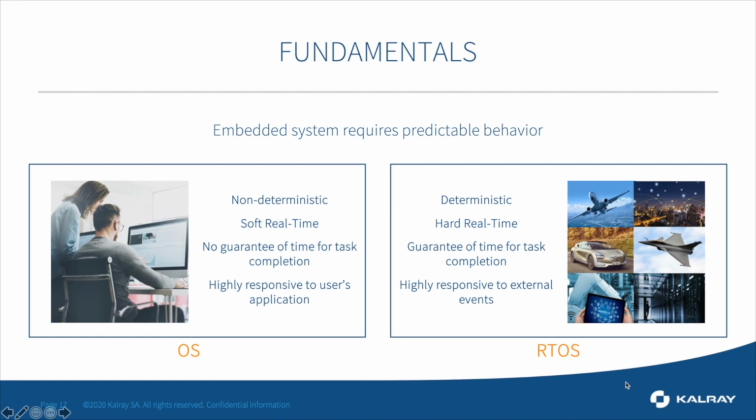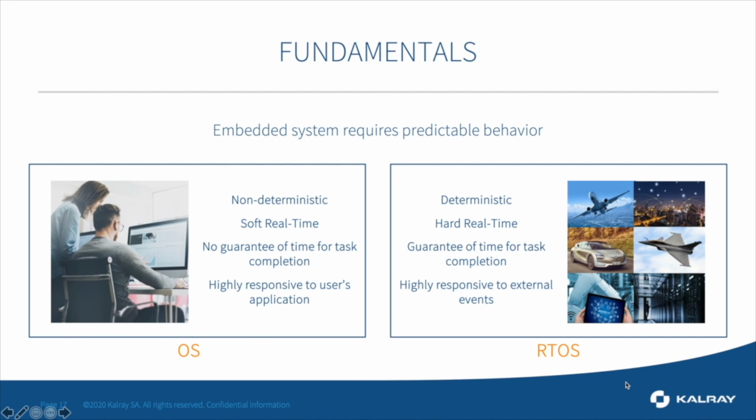Soft real-time and hard real-time are two concepts as well. Hard real-time allows you to really have boundaries of time that you can rely on. This task needs to start here and to stop here. A soft real-time gives the impression of doing things in parallel.